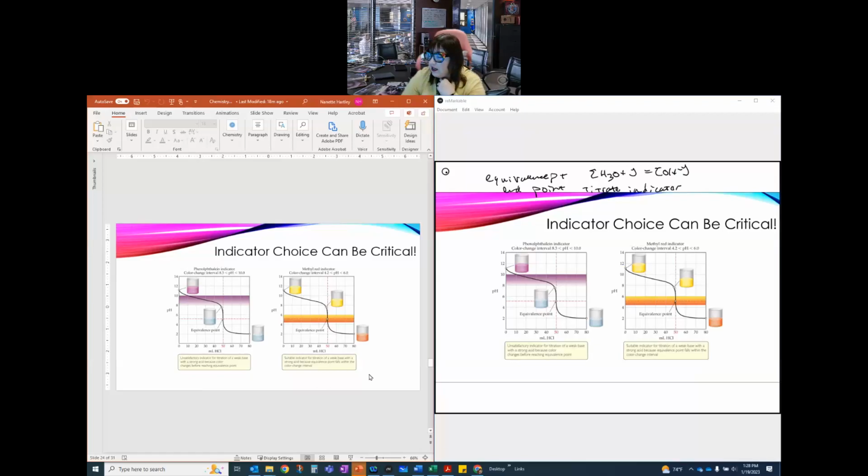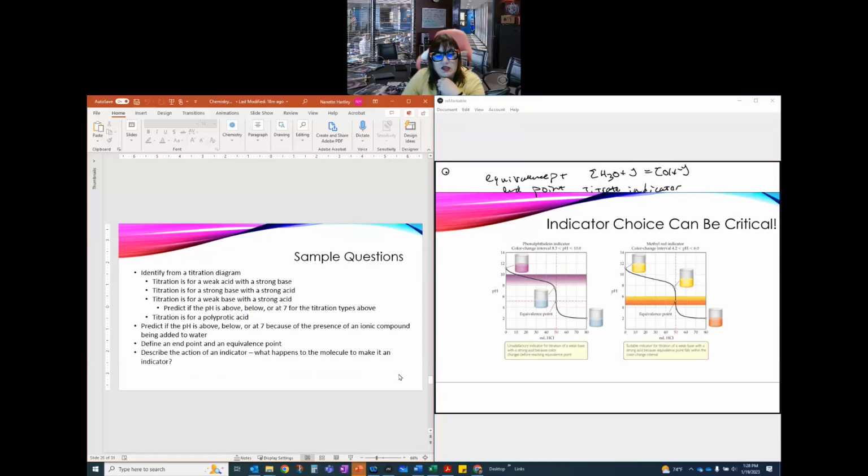I think that's everything you're going to need for that. Next, we have some sample questions, and I'm just going to walk through these. I think you should be able to identify a titration diagram. Looking at a diagram like this picture over here, you should be able to tell me whether we were titrating a weak acid with a strong base, a strong acid, or a weak base with a strong acid.